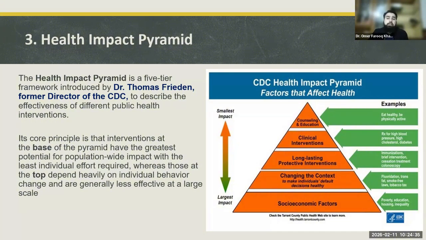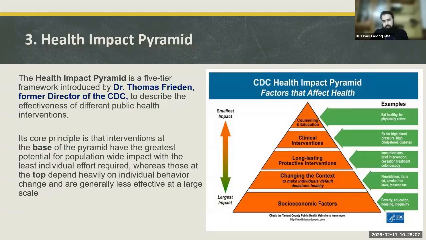And then long lasting protective interventions are there, which also have a very good impact on the health behaviors of the people. The more people get vaccinated, the communicable diseases which are treatable with vaccination campaigns are decreasing in their numbers, and that is why these protective interventions are helping people not get infected with those communicable diseases.